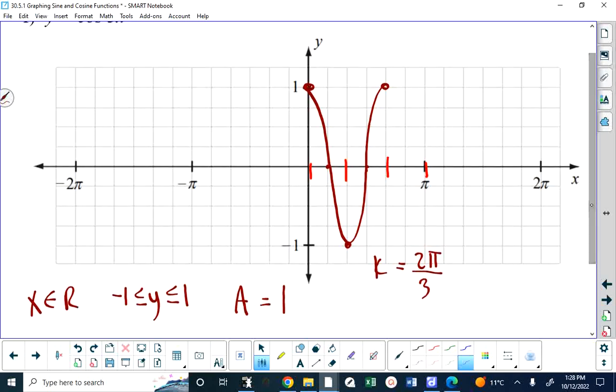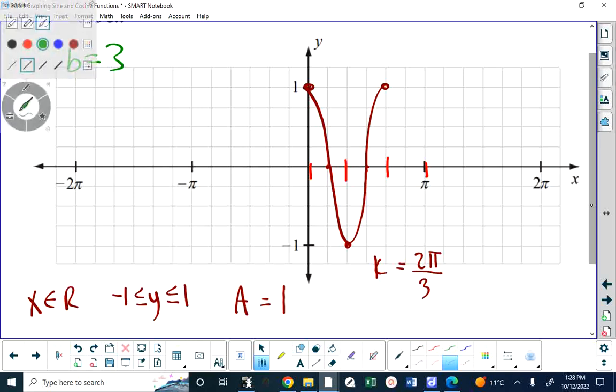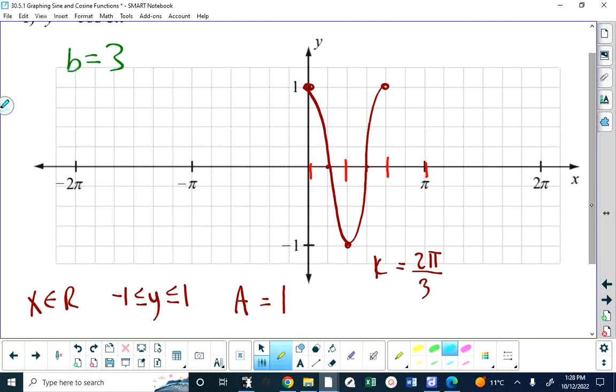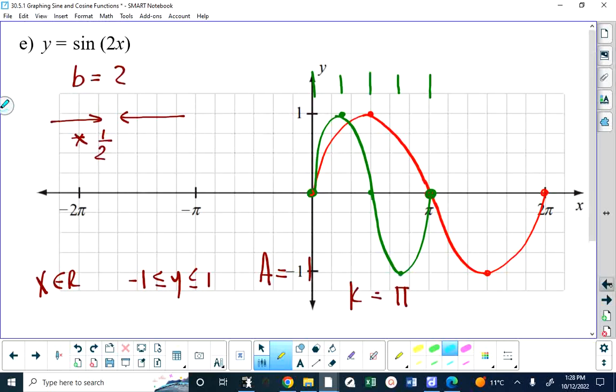Would you agree in this question that b is 3? Yes? Okay. Would you agree the period is 2 pi over 3? Would you agree in this question b is 2?